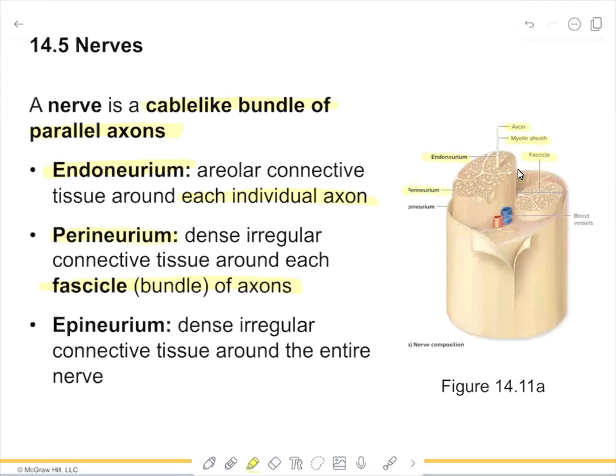Then surrounding the entire nerve, which is a cable-like bundle of axons, is the epineurium. And the epineurium surrounds the entire nerve. So, for example, the longest nerve in our body happens to be called the sciatic nerve, and it's surrounded by a connective tissue membrane called the epineurium.